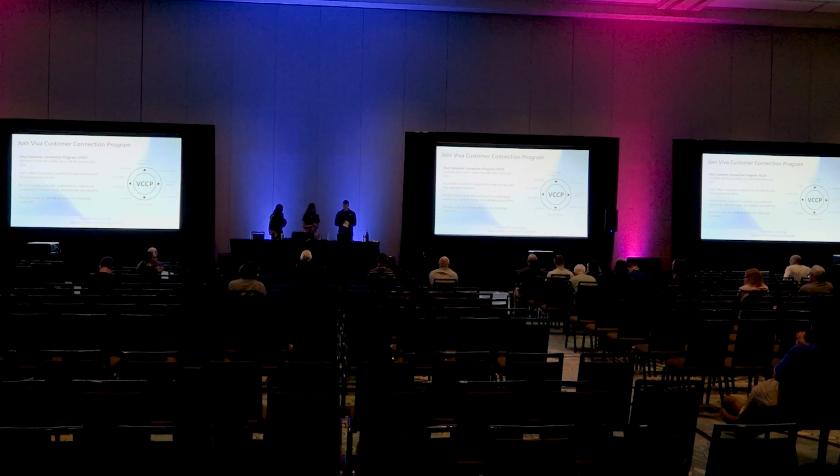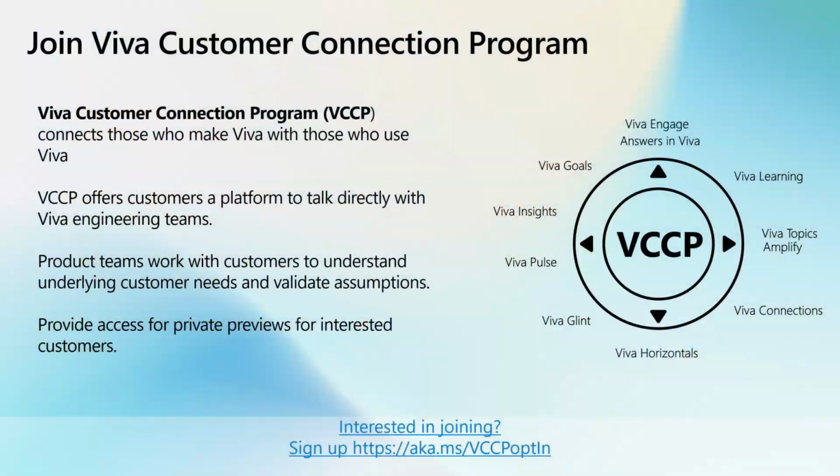All right. So like she briefly mentioned, we have a preview program called the Viva Customer Connection Program, very similar to our TAP programs that we used to run if you've been around for a while. This allows you to try features for you and your tenants in preview mode, which is pretty great.